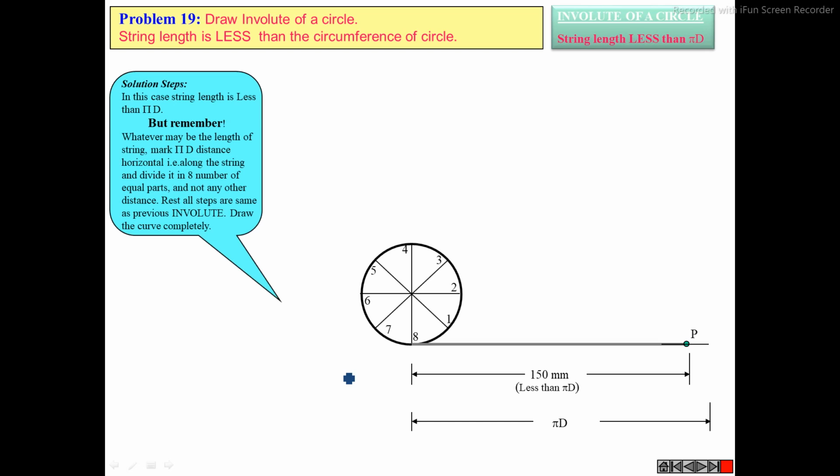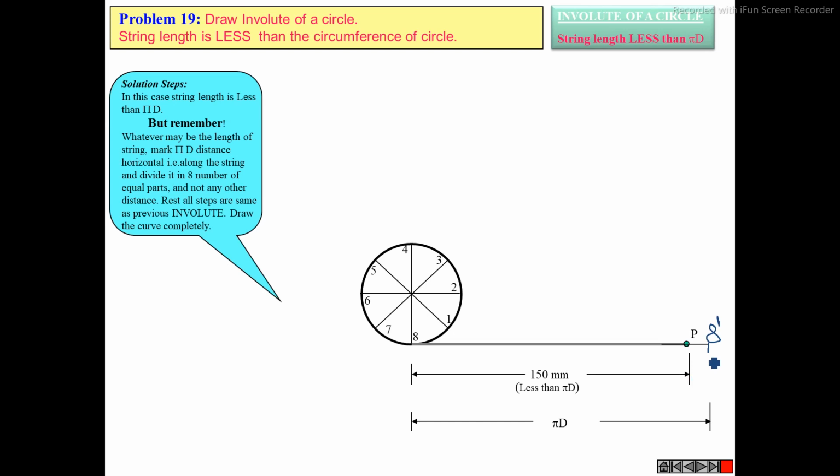The circumferential length line or the original length of the wire line? 8 to P or 8 to 8 dash? Sir, 8 to P.